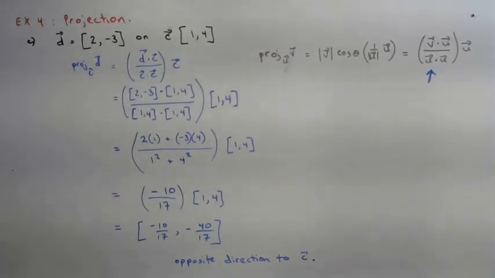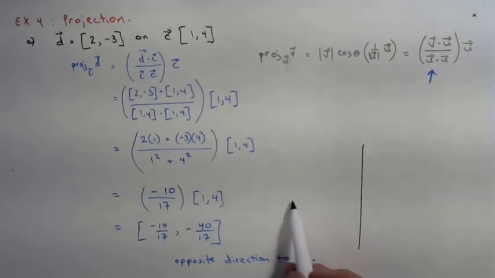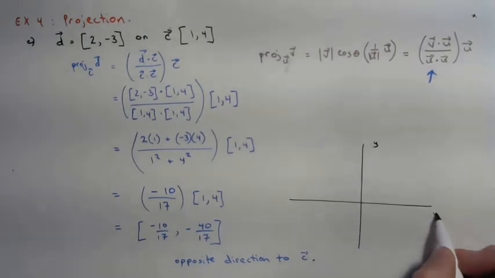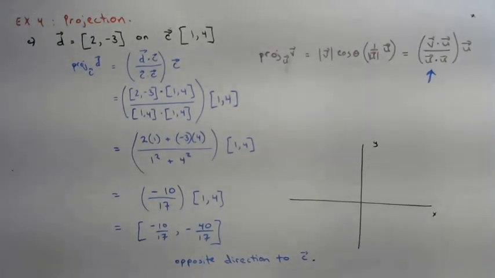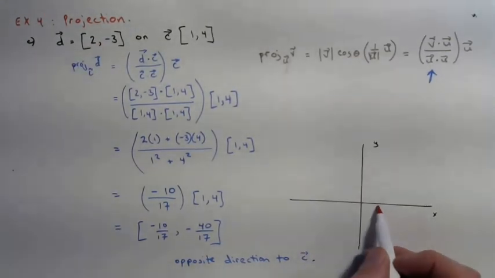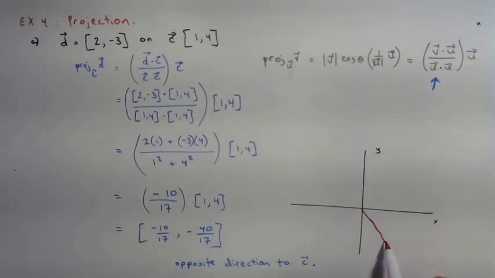Part D just says to illustrate the things that we've already done. I think I illustrated A and B, but I'm happy to illustrate C a little bit better. So here is our coordinate plane, x-axis, y-axis. We've got the vector D, which is 2, -3, coming out about there.